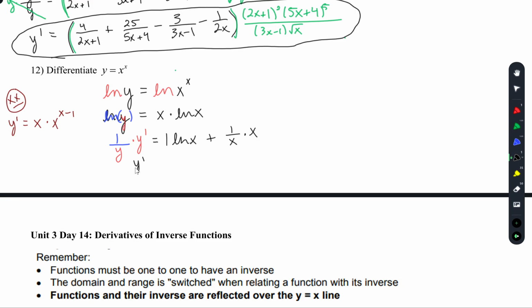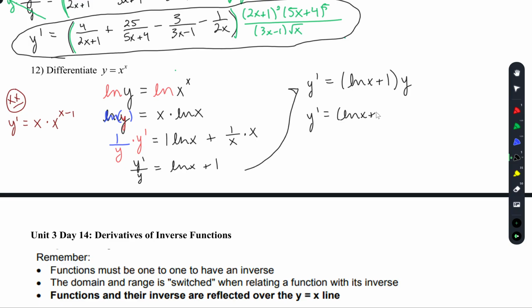Derivative of the first times the second plus the derivative of the second times the first. So this would be y prime over y equals natural log x plus 1. Okay. So I need to multiply over the y. If I multiply both sides by y, well, the y is that x to the x thing, which was really weird, but whatever, we're going with it.